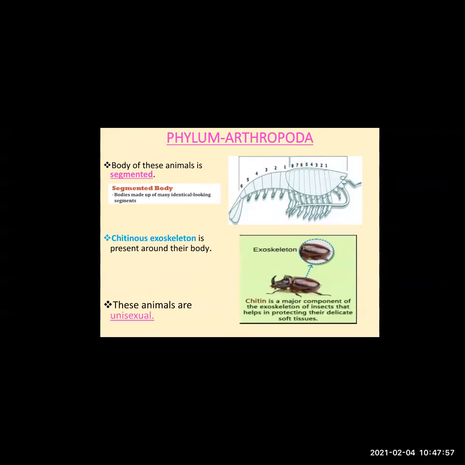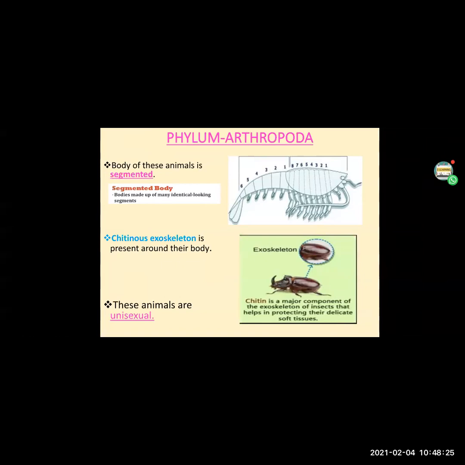Then students, how is the reproduction? Sexual reproduction, as they are unisexual. And one more characteristic I'm going to discuss is metamorphosis. Metamorphosis is one of the characteristics seen in animals belonging to this phylum. What is metamorphosis?